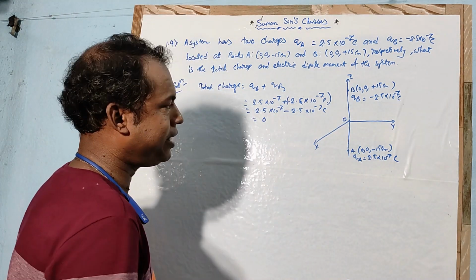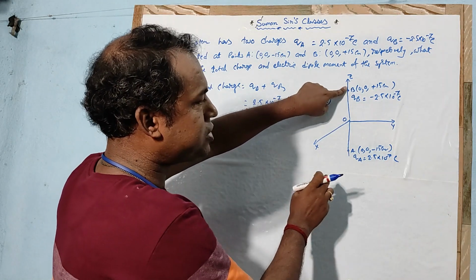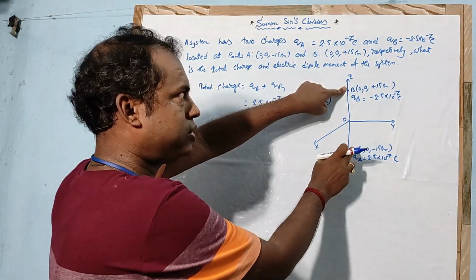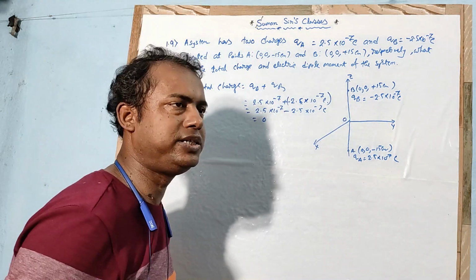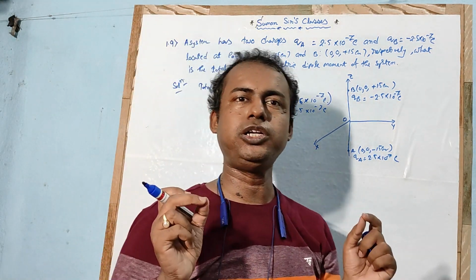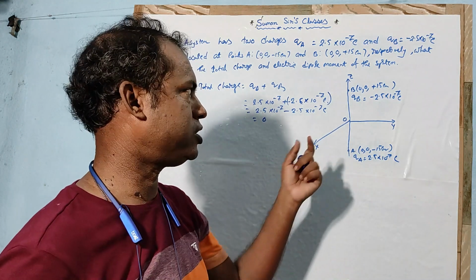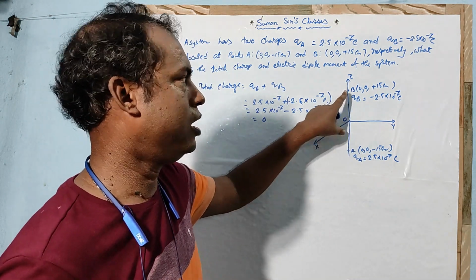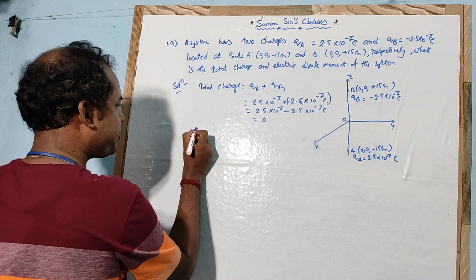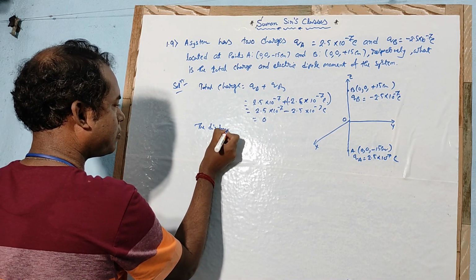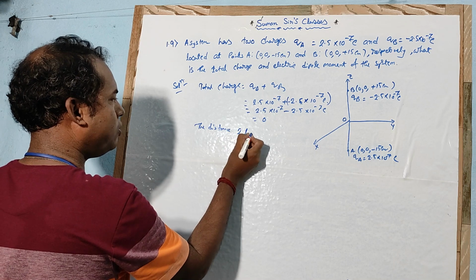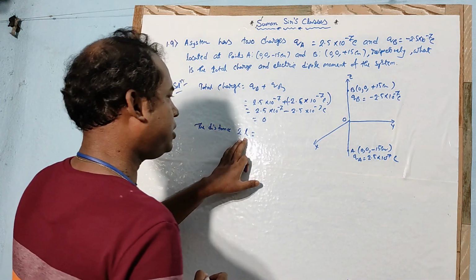Now if I want to find out the total distance, this is a positive charge, this is a negative charge. So this may be treated as a dipole. For a dipole, generally we know that the distance between the positive and negative charge is 2L. So what is the distance 2L?